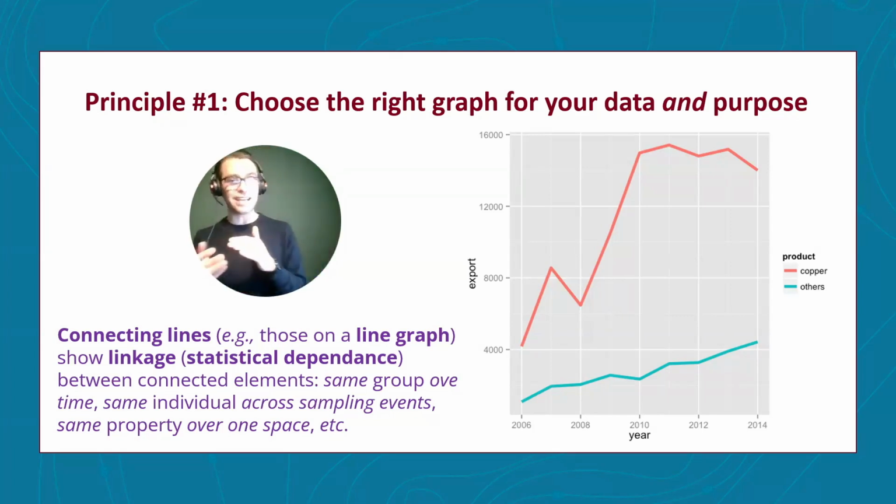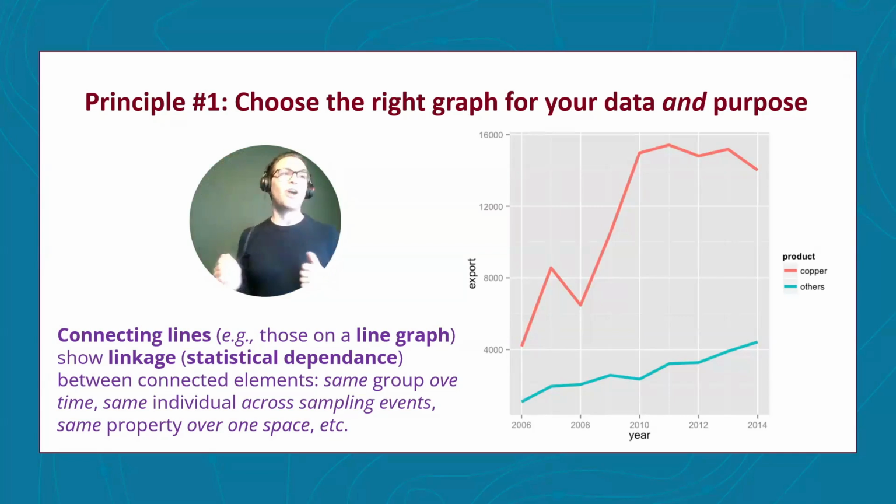To get really technical, connecting lines show what's called pseudo-replication, essentially. Perhaps they're from the same study group through time, or they're from the same individual across multiple samples, or they represent the same property measured over a spatial gradient at a single location. So it's really only appropriate to be using connecting lines when such dependency exists within your data and you want to be calling attention to that dependency.